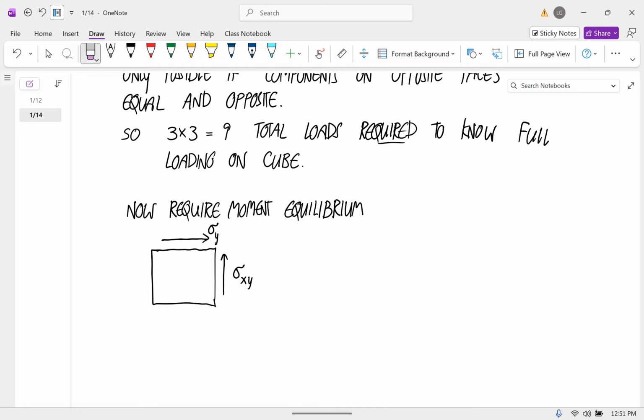YX. It's hard to think and talk at the same time. So sigma xy has to equal sigma yx. And the same is true with xz and zx, and the same is true with yz and zy.